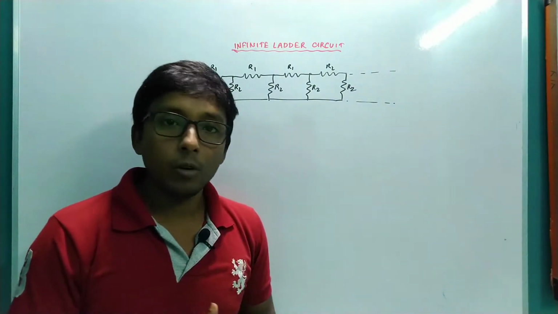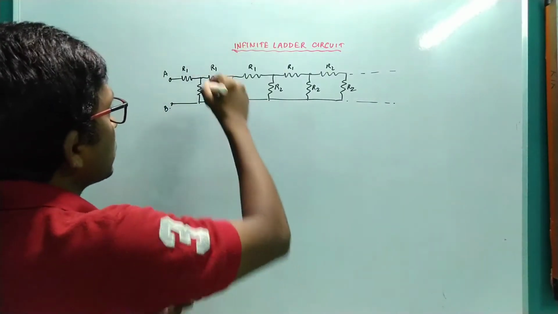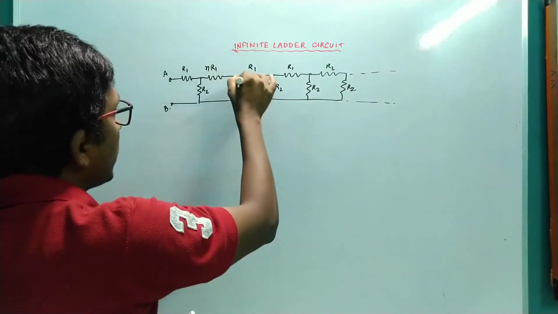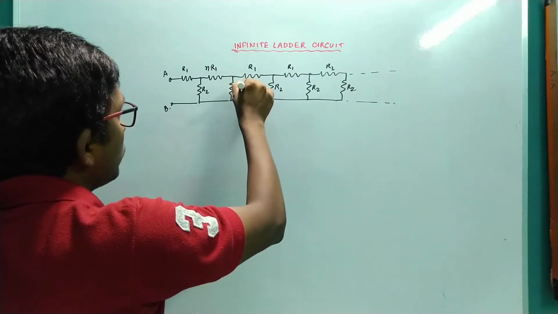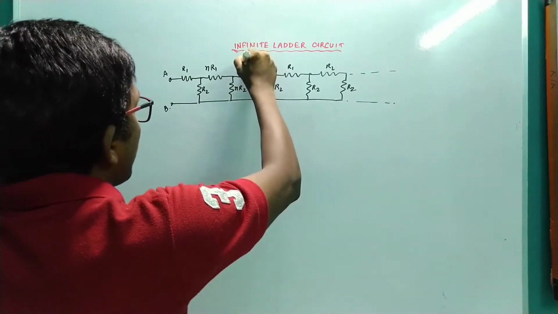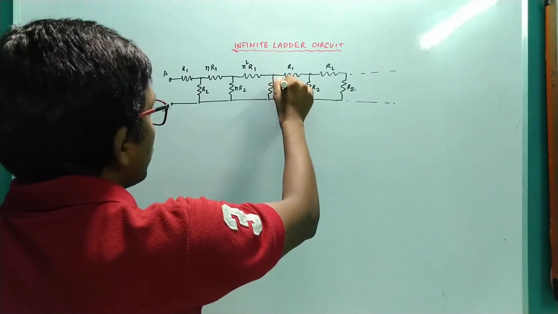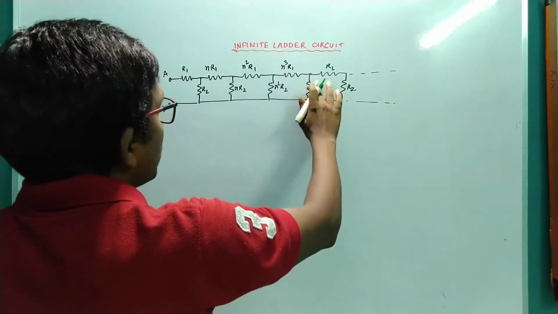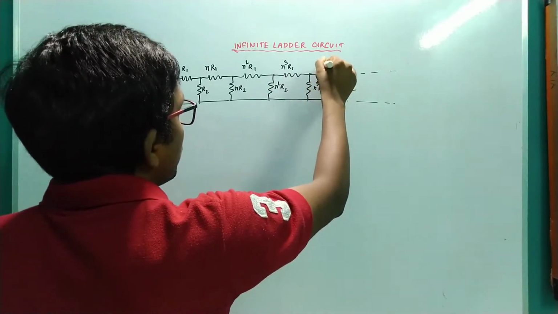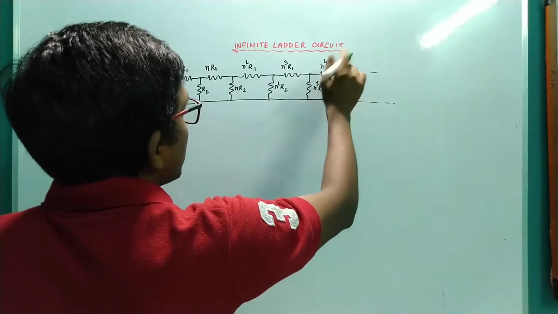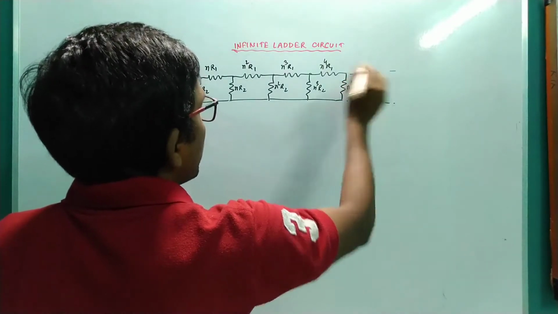Let us put some general values: here I am putting N R1, here N R2, here N square R1, here N square R2, N cube R1, N cube R2, N to the power 4 R1, and N to the power 4 R2, and so on.